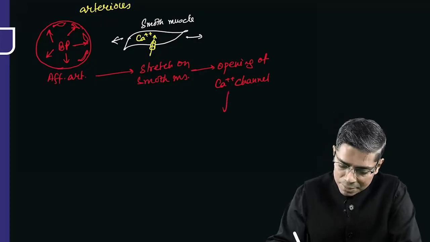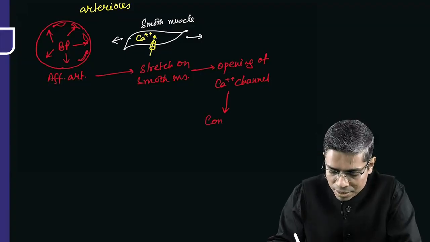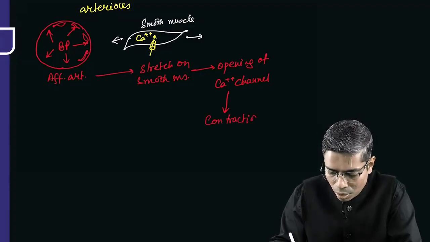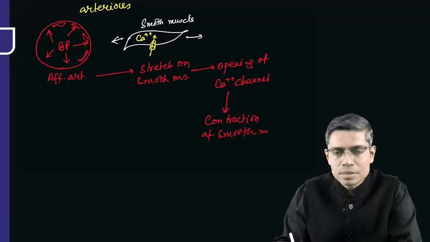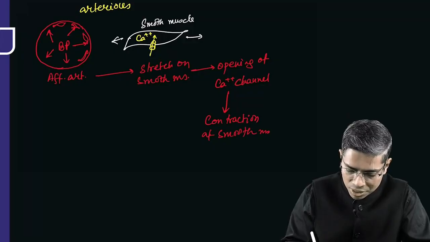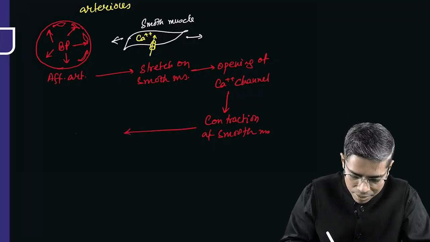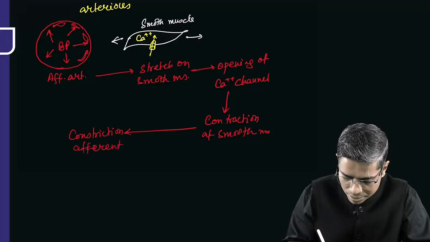And whenever calcium is present in the cytoplasm of cells, what is going to happen? There will be contraction of smooth muscles. And whenever there is contraction of the smooth muscle, there will be constriction of these afferent arterioles. Simple.